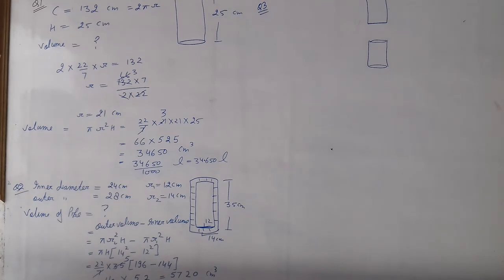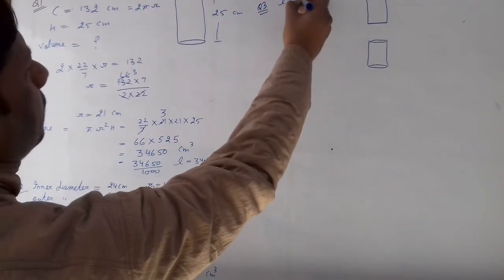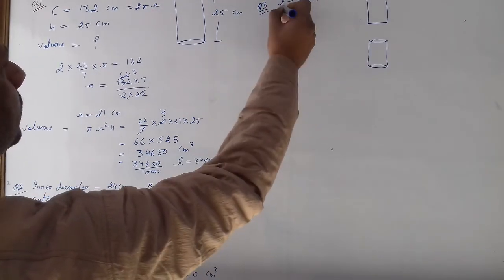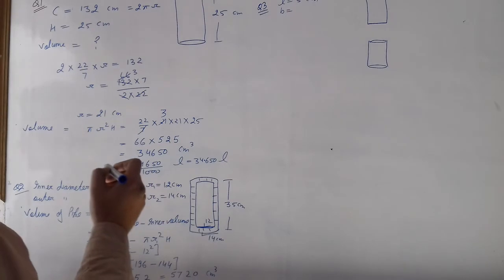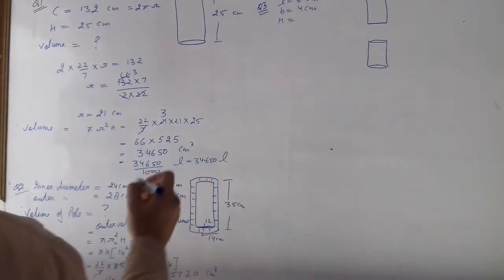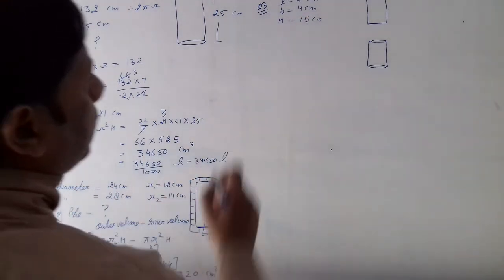A rectangular base, its length is 5 centimeter, breadth is 4 centimeter and height is 15 centimeter, right?